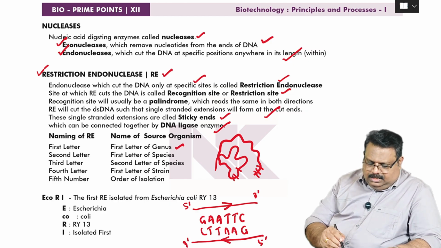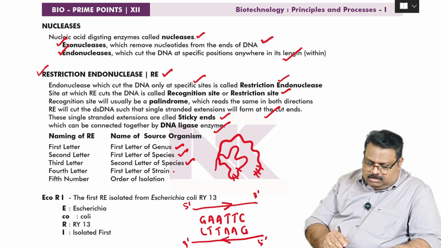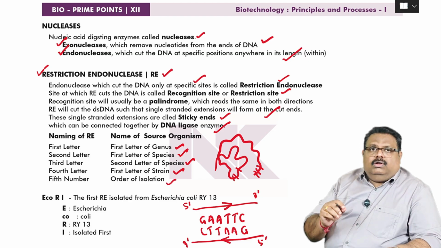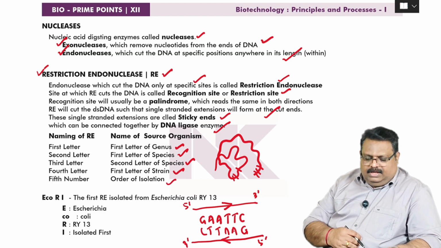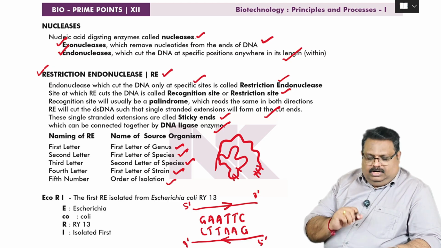The second letter is the first letter of species of the bacterium. The third letter is the second letter of species of the bacterium. The fourth letter is the first letter of strain name of the bacterium. And the fifth is a number. The number determines the order of isolation. Okay. So this is how the name of RE is noted.